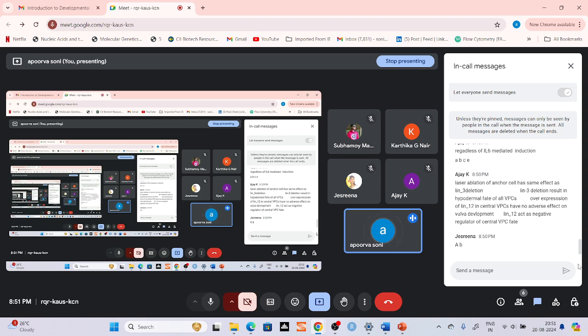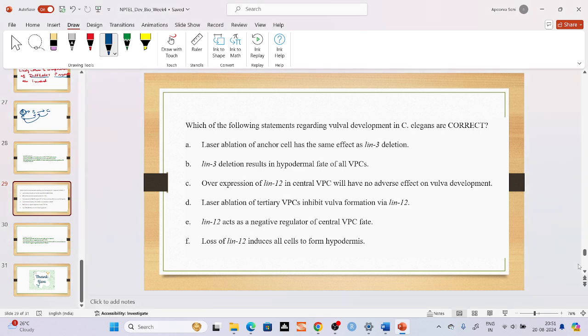Fine. So let us see, starting with some background information. As I already told you, in C. elegans the development of vulva involves a series of interactions, okay? These interactions occur between your anchor cells and vulval precursor cells.